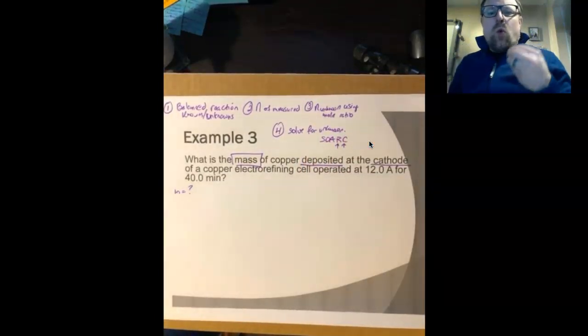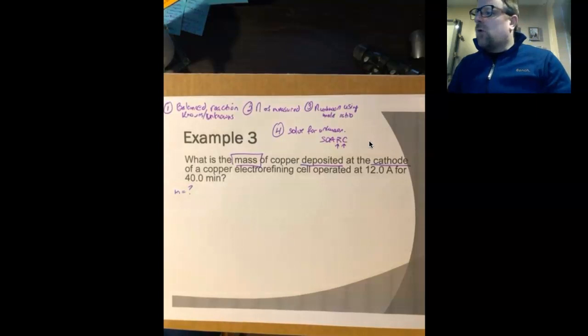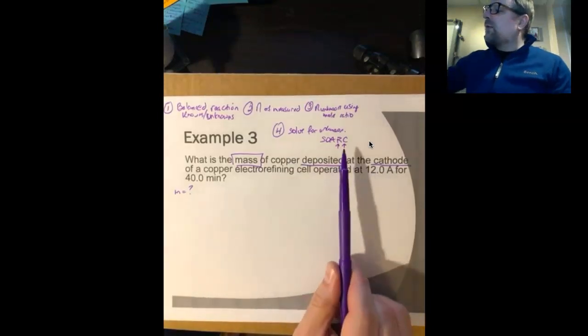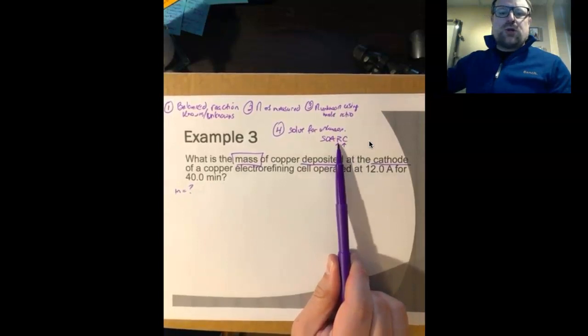So when we get to our half cell reaction, you need to realize that we're dealing with a reduction reaction because we're dealing with the cathode, which is where reduction occurs.